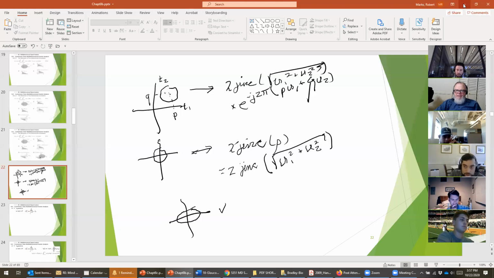Does that make sense? Would anybody like me to elaborate on this idea of the Fourier transform of an ellipse? No one. Okay. You had your chance.